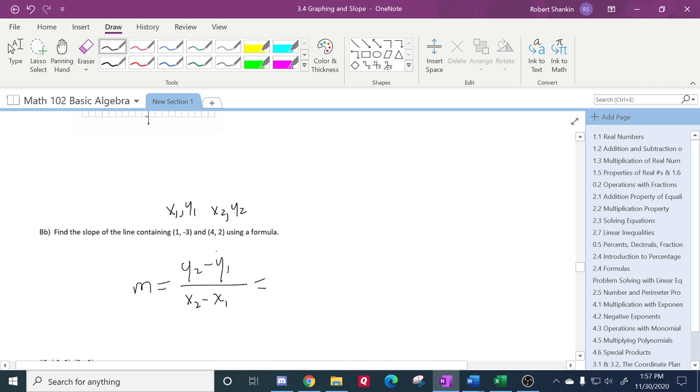Go ahead, plug it in, get the result. Okay, so the y2 is 2, the y1 is negative 3, the x2 is 4, the x1 is 1.